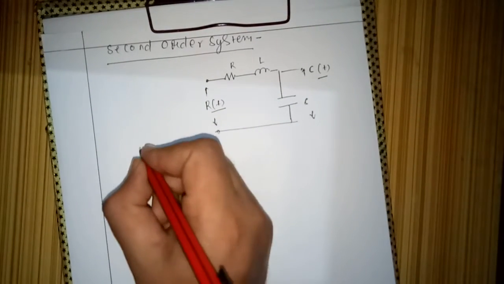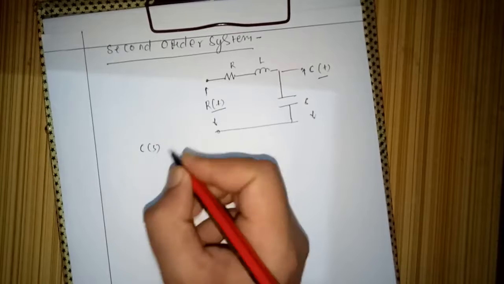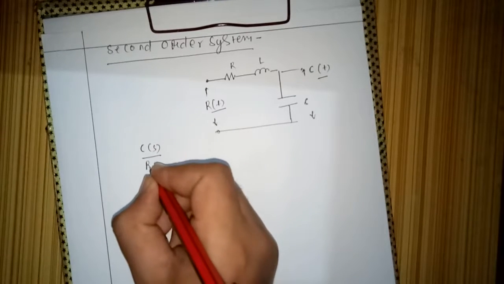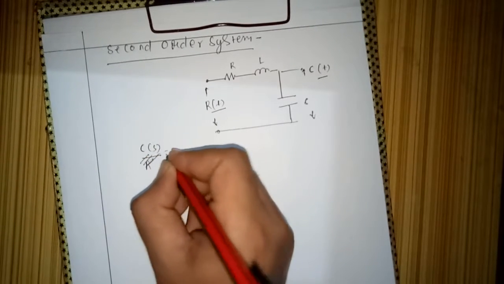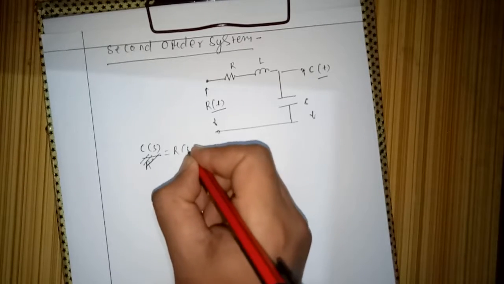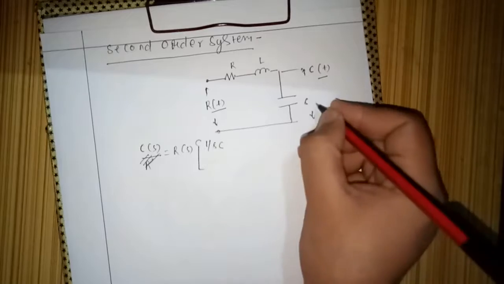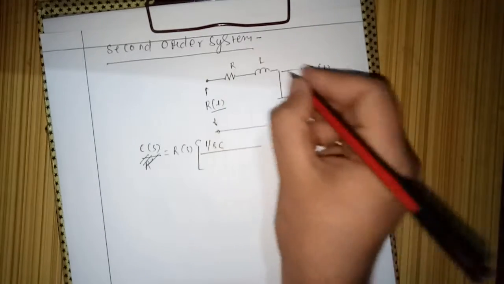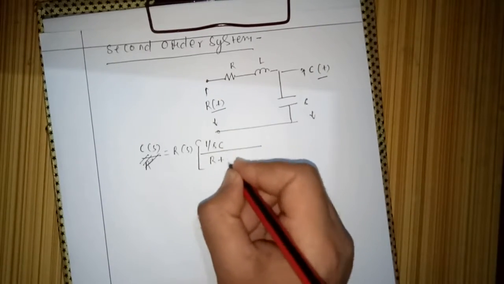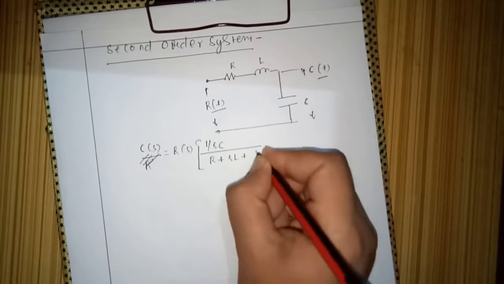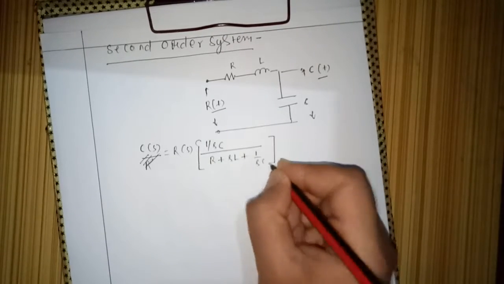So how can I write its transfer function? C(s) is equal to input R(s) multiplied by this impedance, that is 1 by sC, divided by the total impedance, that is R plus sL plus 1 by sC, right?